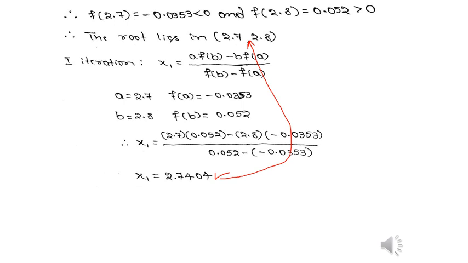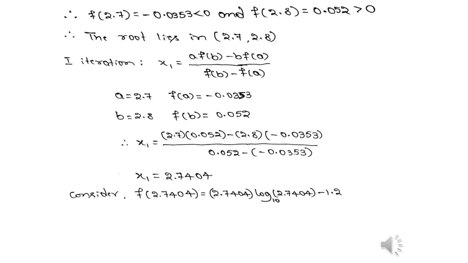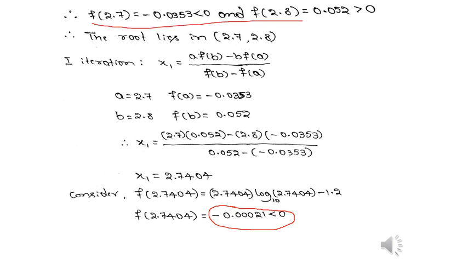Now let us find as usual, as per the procedure, f of x1, that is f of 2.7404, and check its sign. Yeah, we got negative. Now among these two, select the one which gives positive, because we know we want the opposite one. Here we got negative, and we want the value which gives the functional value as positive.